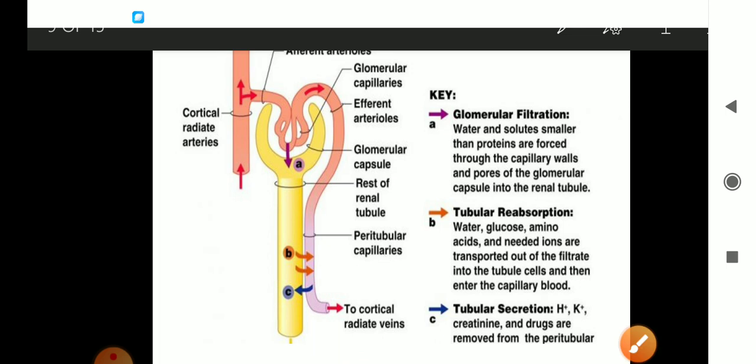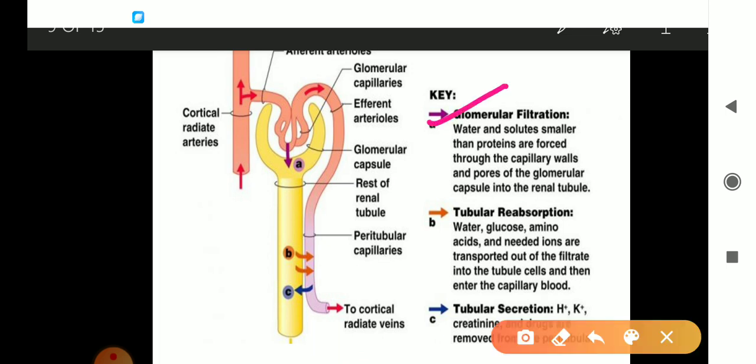Getting okay? Now once again revise it. The first is glomerular filtration. Solutes which are smaller than the protein are forced through the capillary walls and pores of the glomerular capsule into the renal tubule, right? Then second, tubular reabsorption.